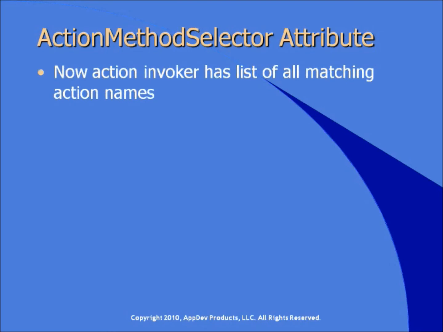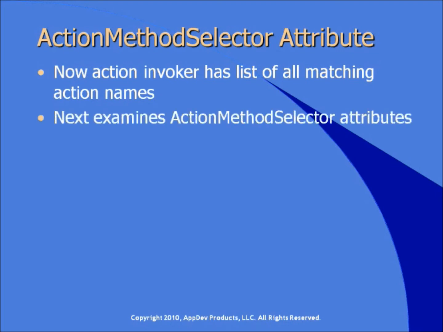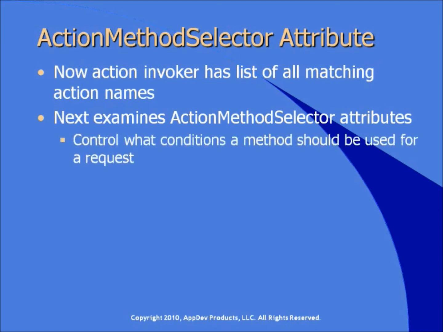Once the action invoker has identified all of the controller methods that match the desired action name, it examines the action method selector attributes of all the candidate methods. You can decorate a controller method with this attribute to control under what conditions a controller method should agree to handle a particular type of request.